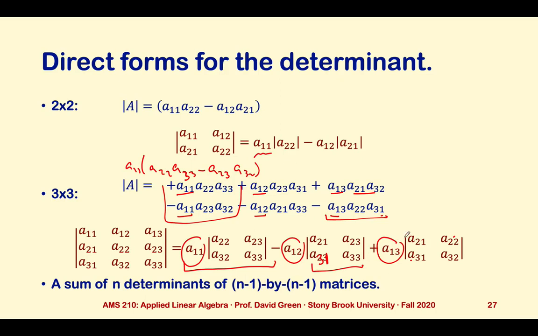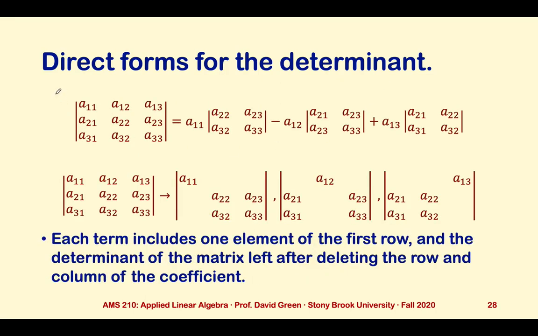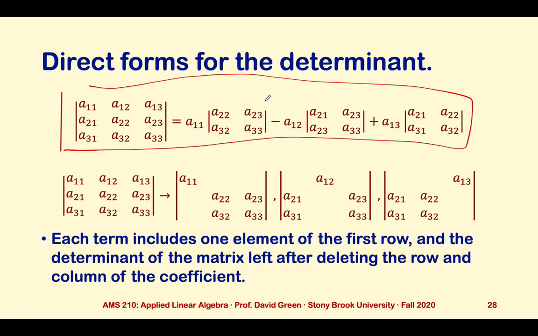How are they structured? This is our re-expression of the 3 by 3 determinant as a sum of 3 2 by 2 determinants, each multiplied by a value and with a sign that also needs to be taken into consideration.